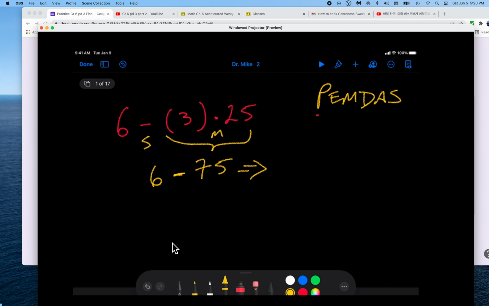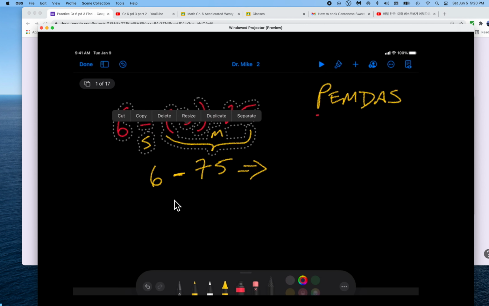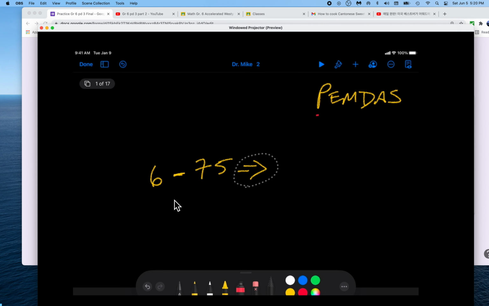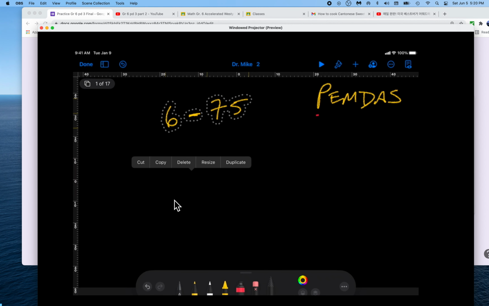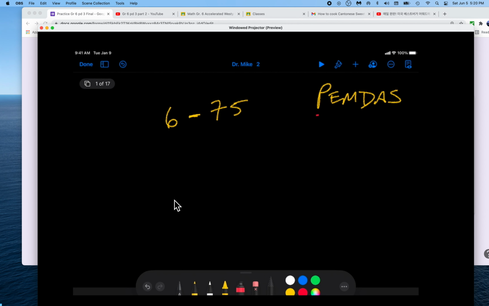Okay, now let's talk about how to do 6 minus 75. Let's go to the number line. Okay, here we go. We create our number line, put 0. We start with the first integer and its sign, plus 6.